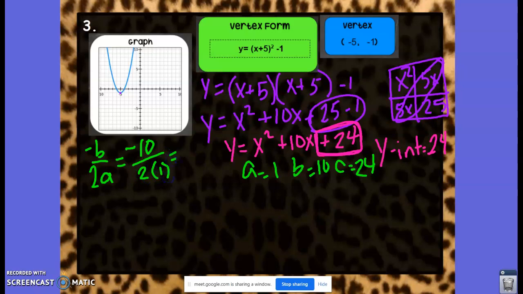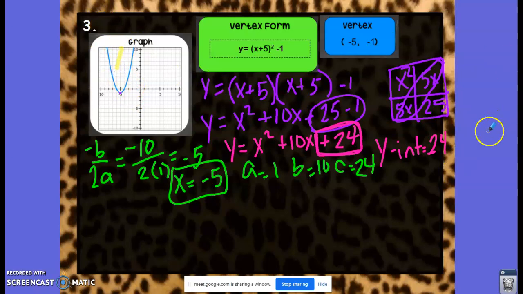So negative 10 divided by 2 is negative 5. So our axis of symmetry is at x equals negative 5. Remember that an axis of symmetry is always a line, so you have to give it the full equation, x equals negative 5.